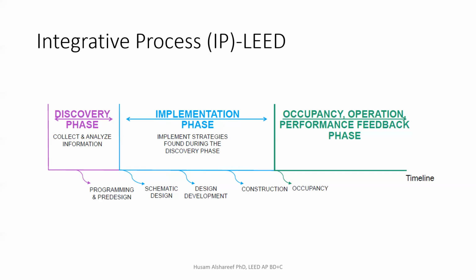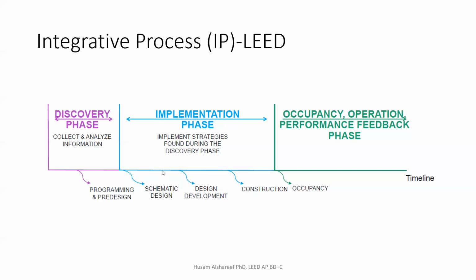And then once a contractor wins, it goes to the construction phase, which is pretty much building the project. And then once that is done, we move on to the last phase, which is the occupancy, for building users to occupy the building. And this is pretty much the traditional work process of a project, linearly.